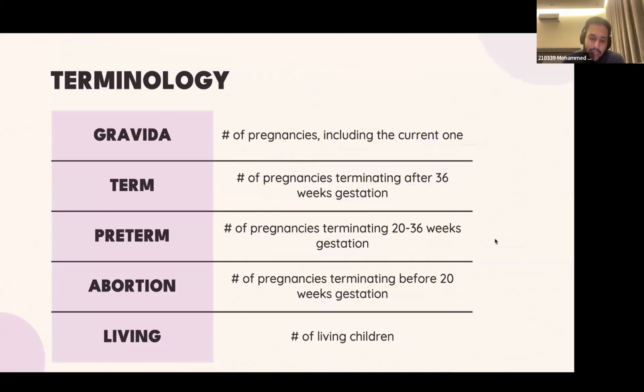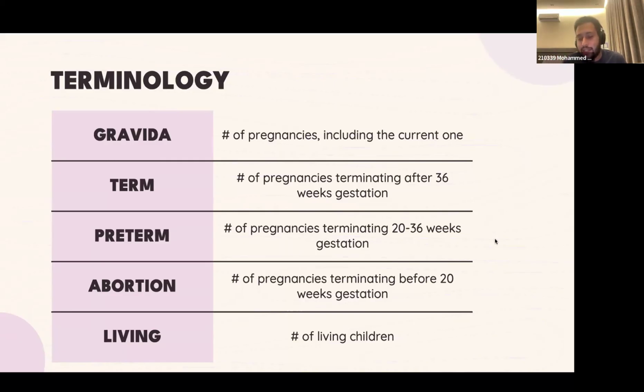Usually the average is around 37, 38 weeks. After the 36th week they're viable for delivery, so that's term. Preterm is any pregnancy terminating from 20 to 36 weeks. A is abortion, which is before the 20th week, and living is simple, it's all living children.